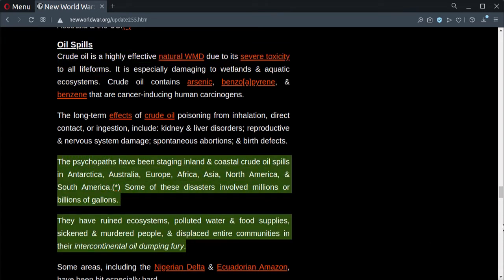The psychopaths have been staging inland and coastal crude oil spills in Antarctica, Australia, Europe, Africa, Asia, North America, and South America. Some of these disasters involved millions or billions of gallons. They have ruined ecosystems, polluted water and food supplies, sickened and murdered people, and displaced entire communities in their intercontinental oil dumping fury.